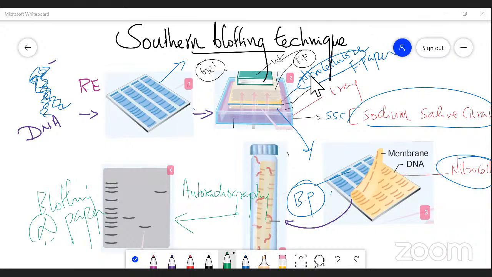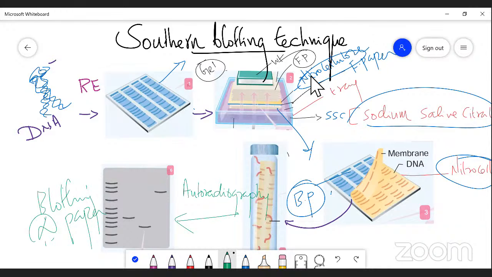As a result, the solution starts moving from one place to another. First of all, the tissue paper absorbs this, and the gel is drawn off to the top side of the nitrocellulose membrane. As a result, the DNA fragments are fixed on the surface of the nitrocellulose membrane.